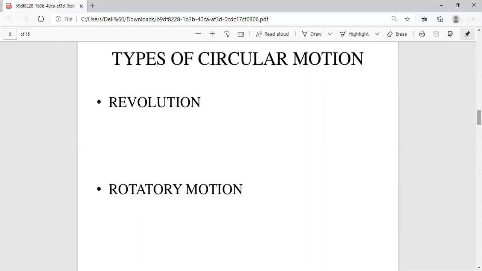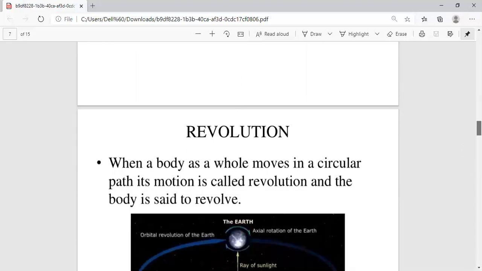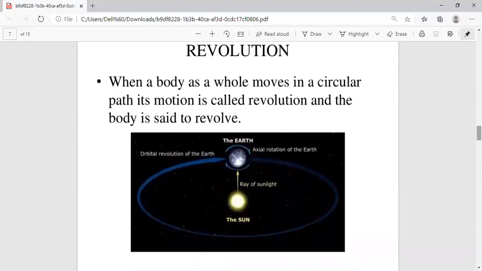Let's differentiate between these two types of motion, which again come under the heading of circular motion. Now, revolution, what does it mean? When a body as a whole moves in a circular path, its motion is called a revolution and the body is said to have revolved.